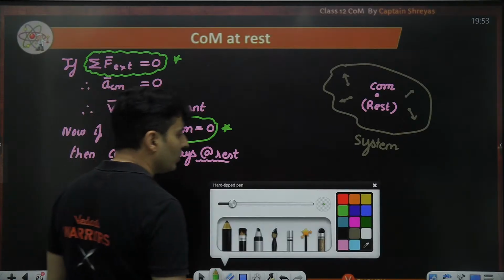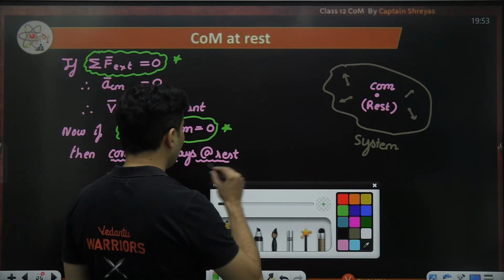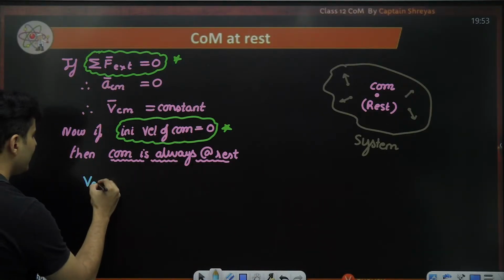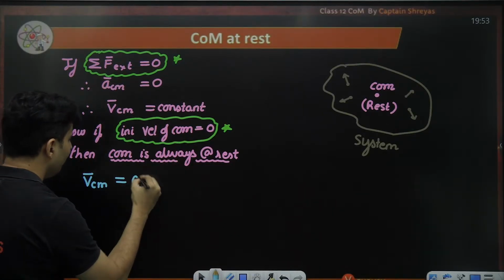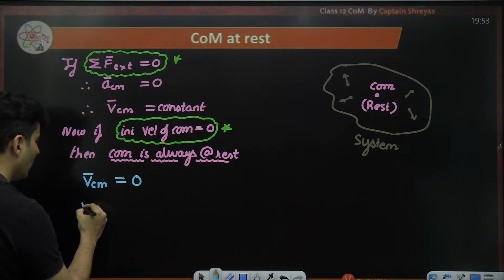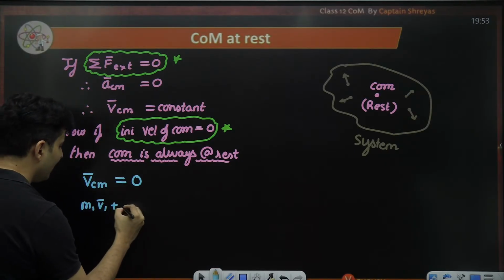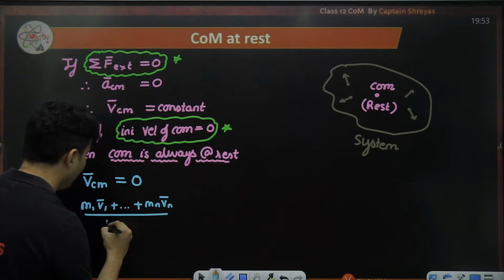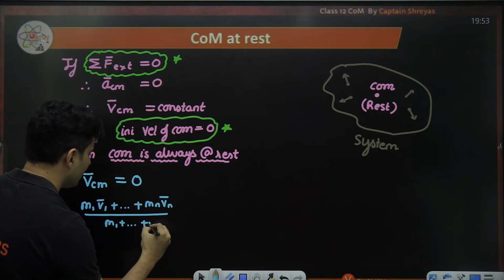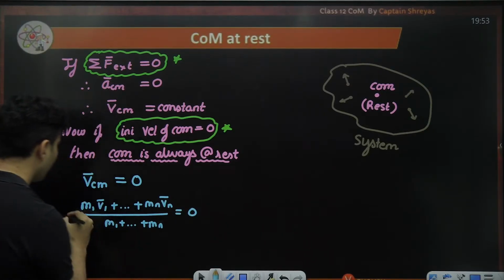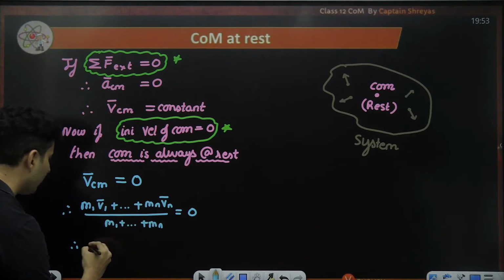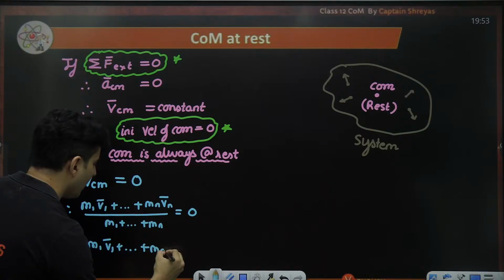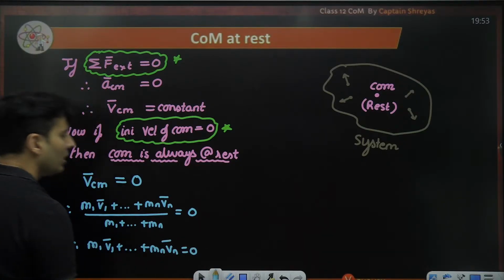Then what can we conclude? Because the center of mass is at rest, I can very easily say that VCM is going to be 0. If VCM is 0, then (m1 v1 + m2 v2 + ... + mn vn) divided by (m1 + ... + mn) is going to be 0. Therefore, the numerator will be 0. So m1 v1 + m2 v2 + mn vn is going to be 0.